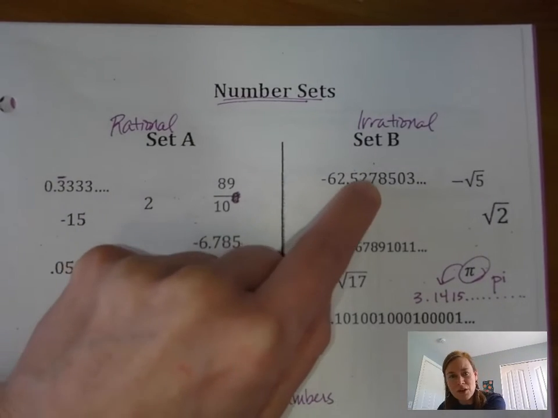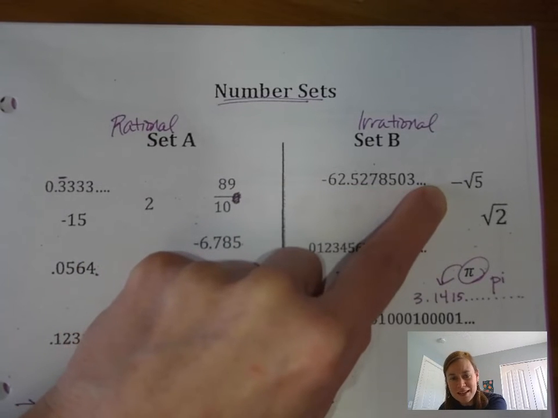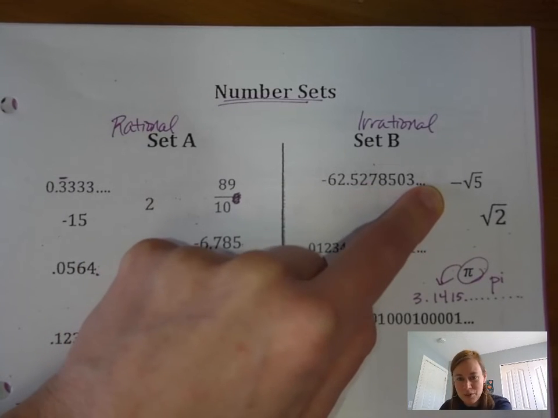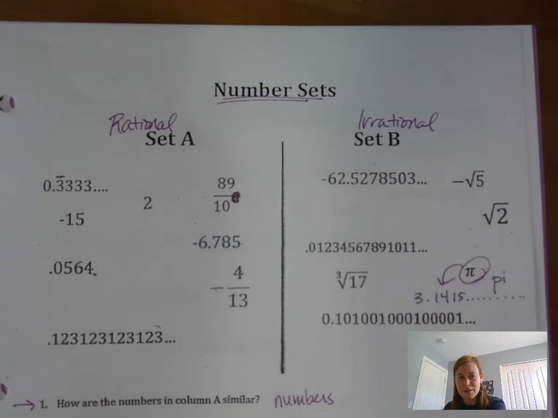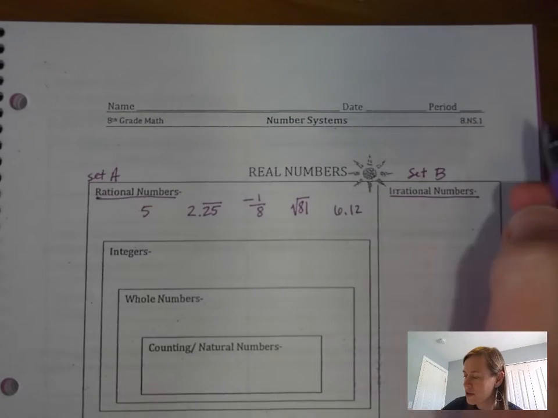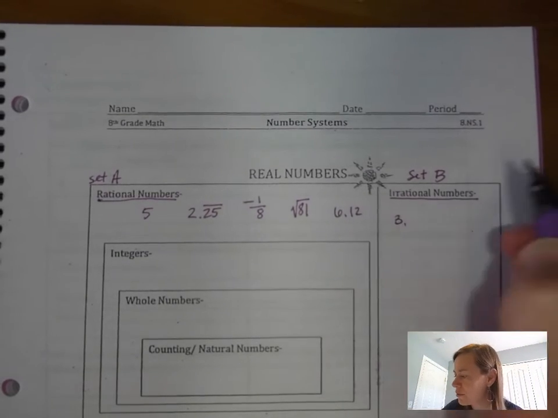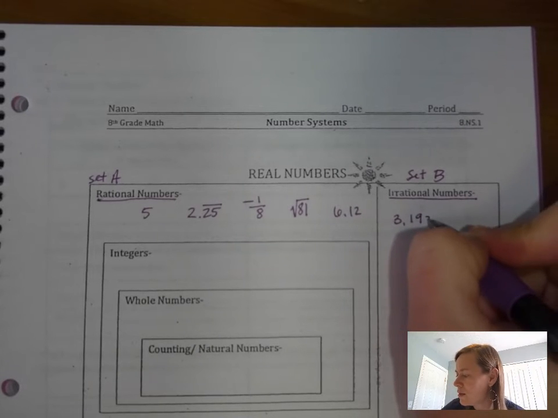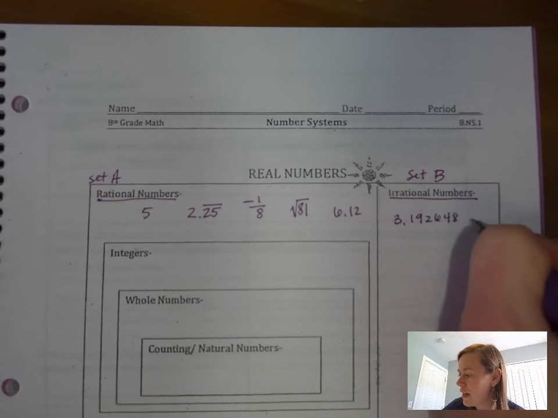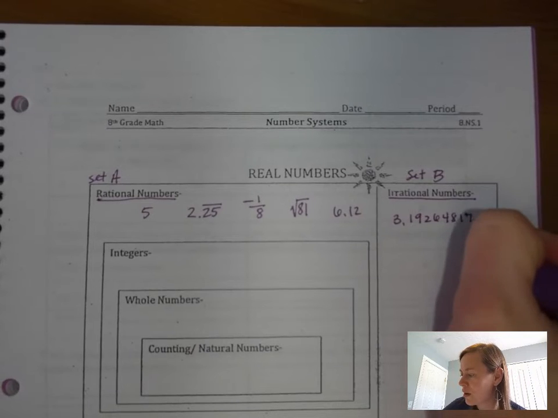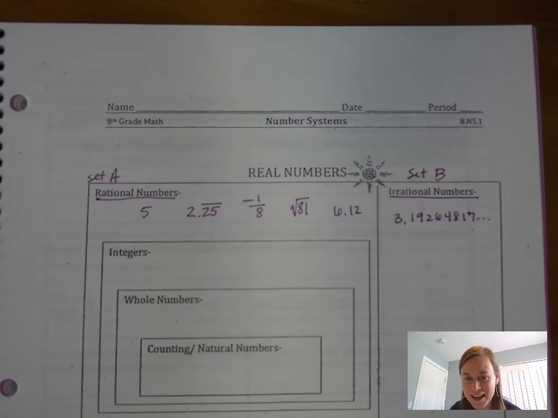But over here you see it's a whole bunch of different numbers and then a dot dot dot. That means it doesn't repeat and it's irrational. So under irrational numbers, let's just make up a decimal. Let's do 3.192648117, and then we're going to do our dot dot dot just to indicate that it's going on forever and never repeating and never making a pattern.